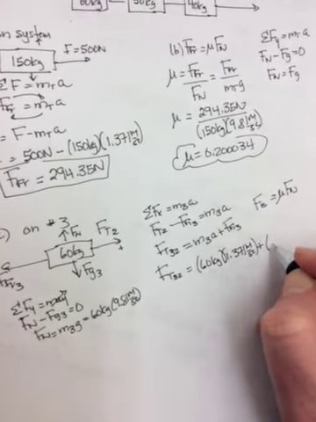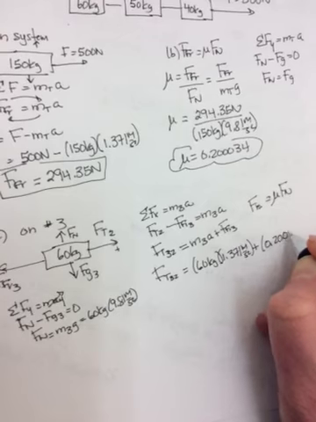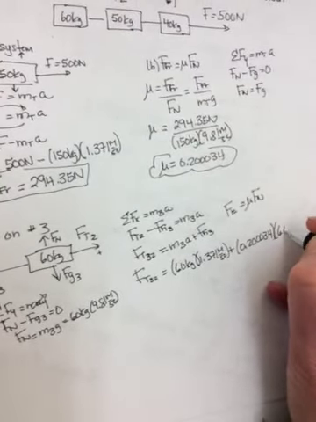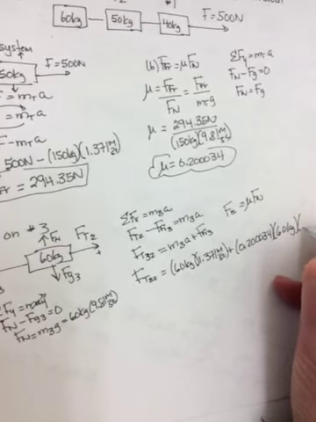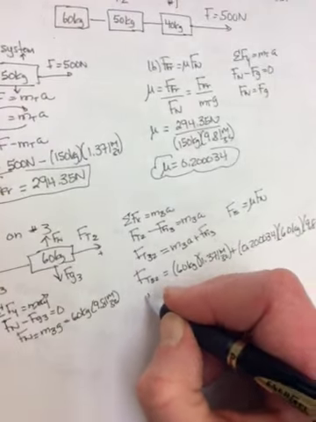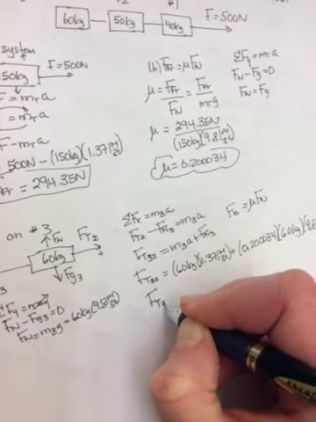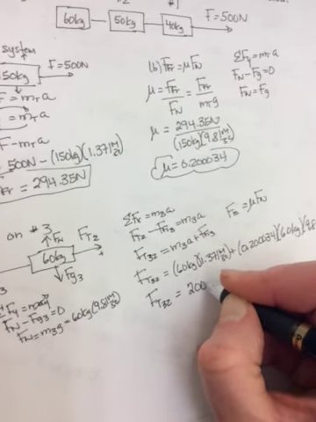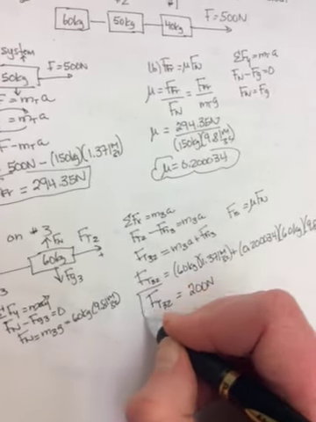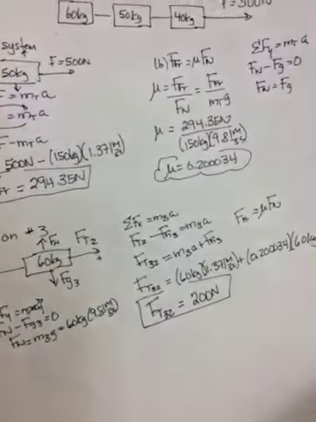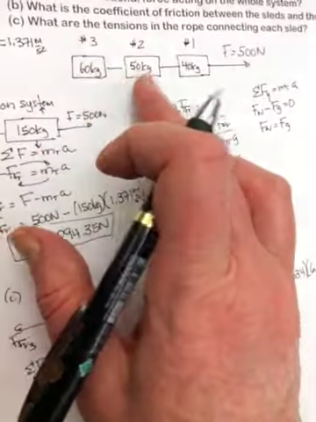So we found our mu to be 0.200034, and then our Fn is the 60 kilograms times 9.81 meters per second squared. Okay, punch all of this in your calculator, and it should work out to be a nice, pretty 200 newtons if you haven't rounded too much. Okay, so that's the tension between box 2 and box 3.